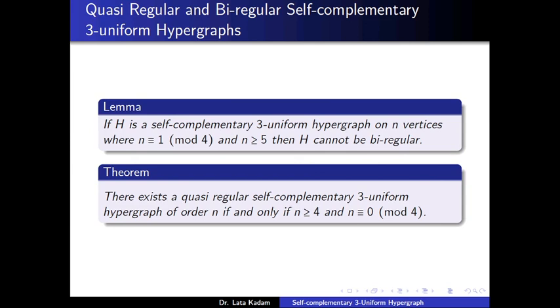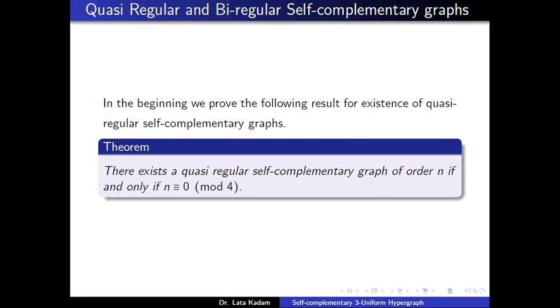And it is proved that there exists a quasi-regular self-complementary 3-uniform hypergraph of order n if and only if n is greater than or equal to 4 and n is congruent to 0 modulo 4.